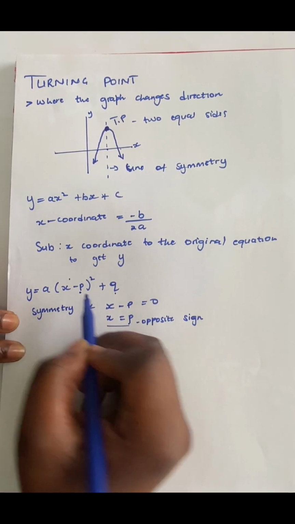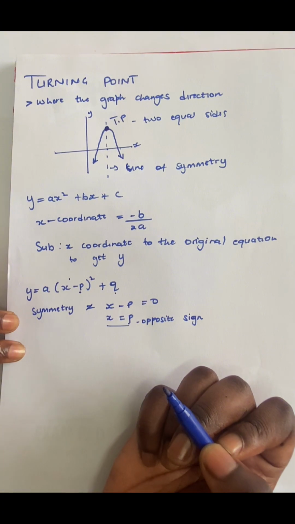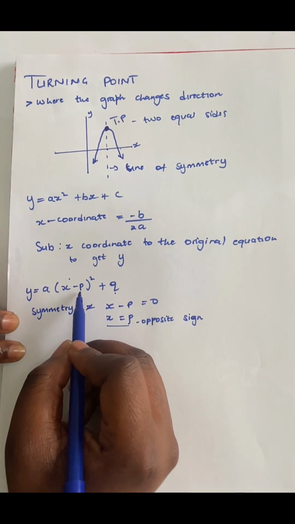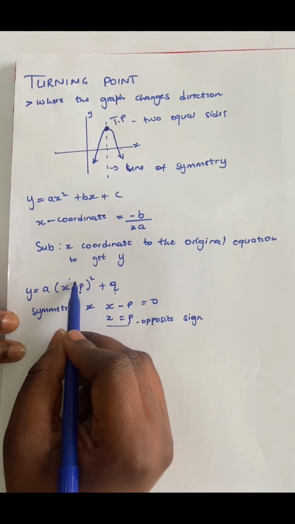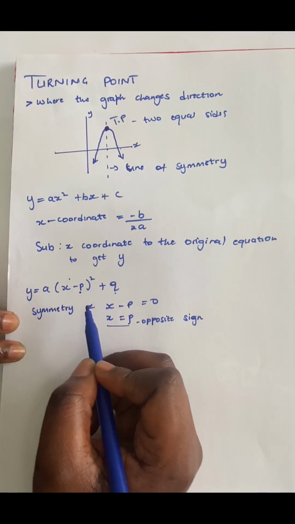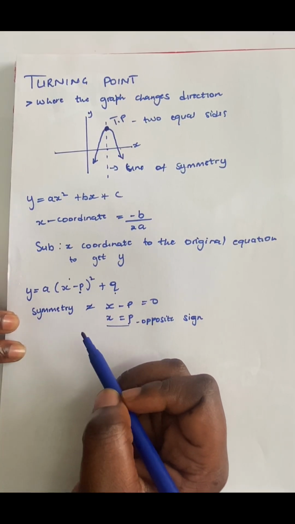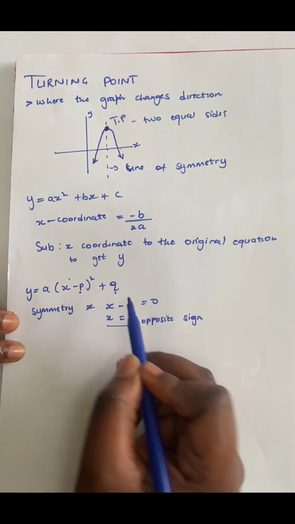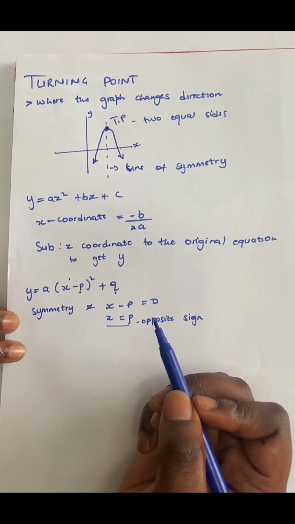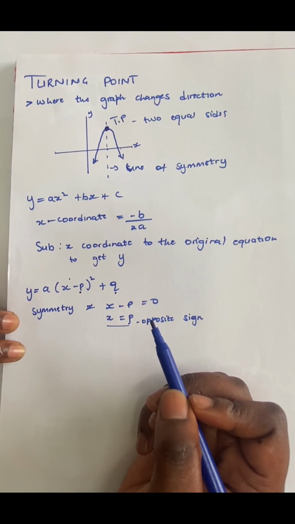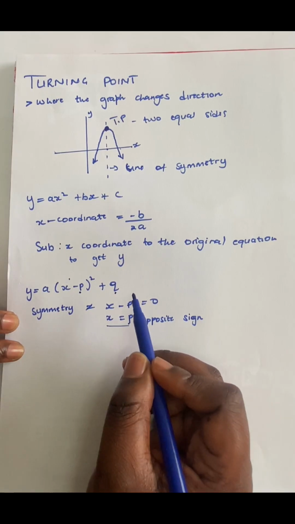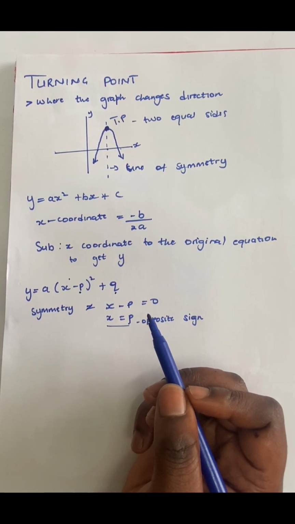But this x coordinate will change sign whenever you are given this p here. You will take it as your x coordinate of the turning point, but you will have to change its sign every time you are given it. But the q, you do not change the sign.